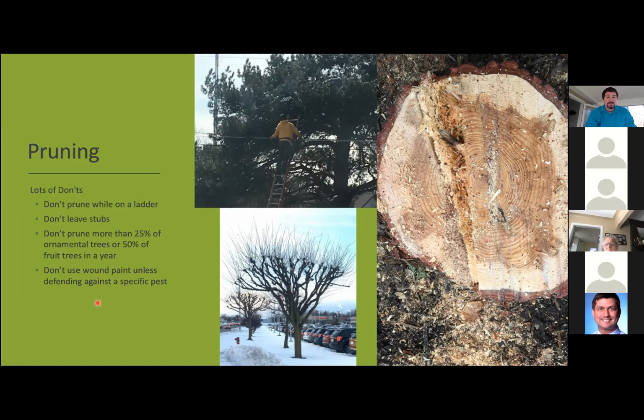Also, there's no reason to be painting all of your cuts unless you're protecting against a specific pest or disease or something like that. So if you are pruning on an oak tree and you know that oak wilt's a problem, then absolutely use the wound paint and seal those things up. But if it's just, I'm cutting and so I want to be able to seal this up, usually it causes more problems than it saves, because you can have issues with water getting up underneath there and causing rot.